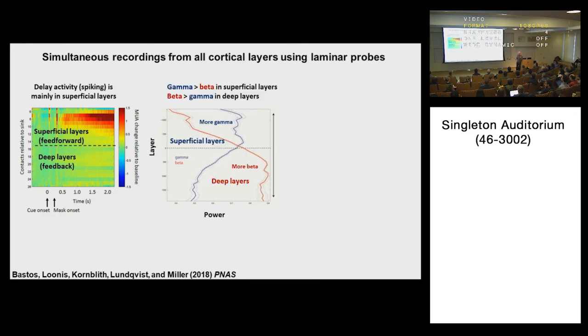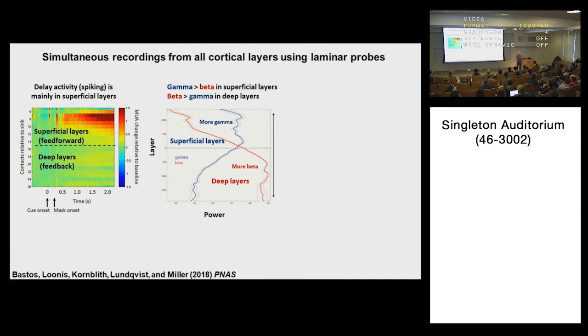So next we examined the different rhythms, the beta and gamma rhythms. And that's what's shown here. Here's power of the rhythms on the x-axis, cortical layer on the y-axis, with the middle layer there in dotted line. And what we found is that gamma was stronger in the superficial layers, and beta was stronger in the deep layers.